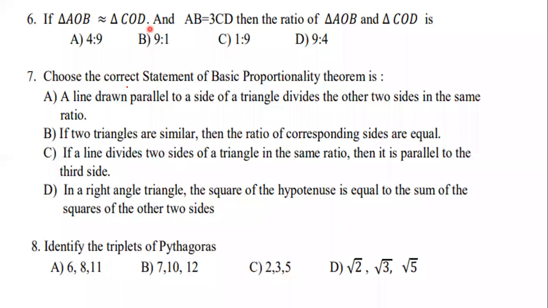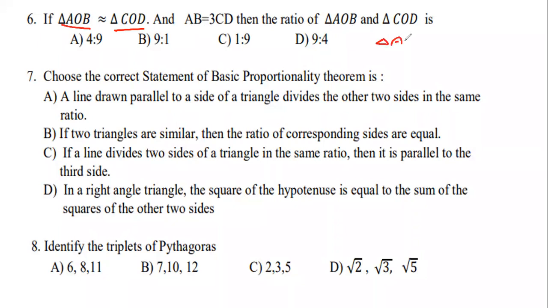The sixth sum: triangle AOB is similar to triangle COD. AB is equal to 3 times CD. Then the ratio of triangle AOB and triangle COD.